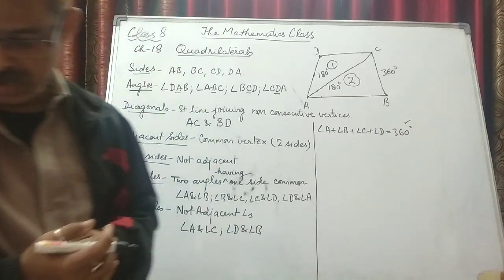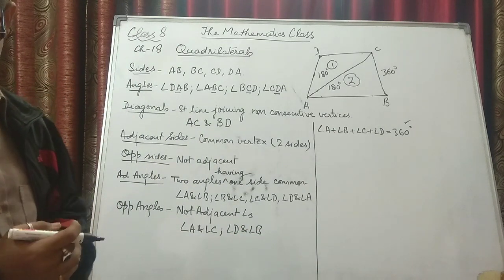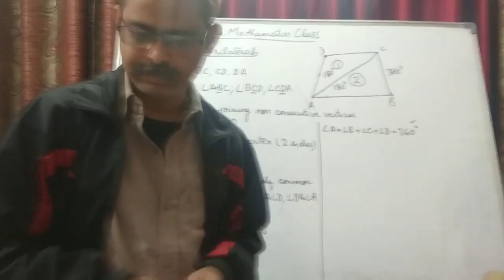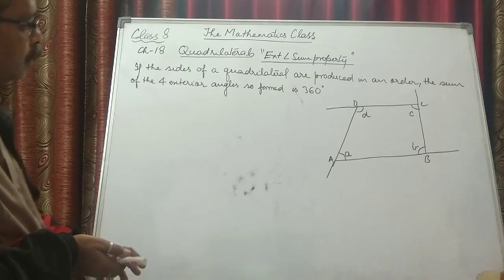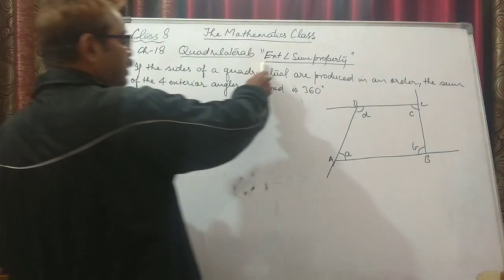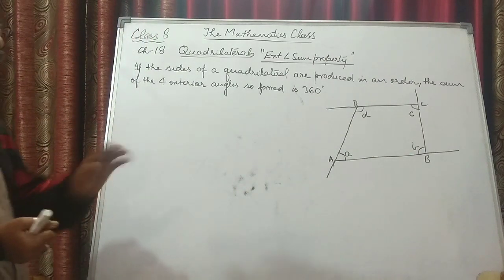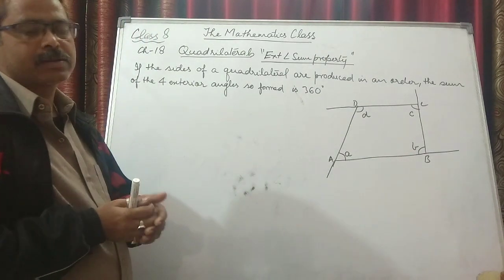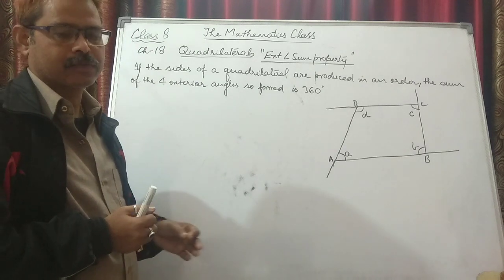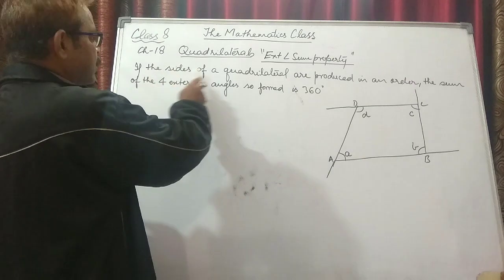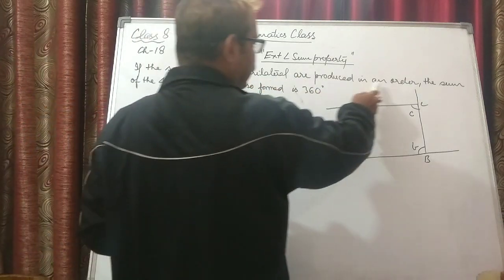And one more property is there that I will be discussing. Let me rub it out. Now the other topic is the exterior angle sum property of a quadrilateral. In the previous one we studied that the sum of all the interior angles of the quadrilateral is 360 degree. What do they say? If the sides of a quadrilateral are produced in an order.